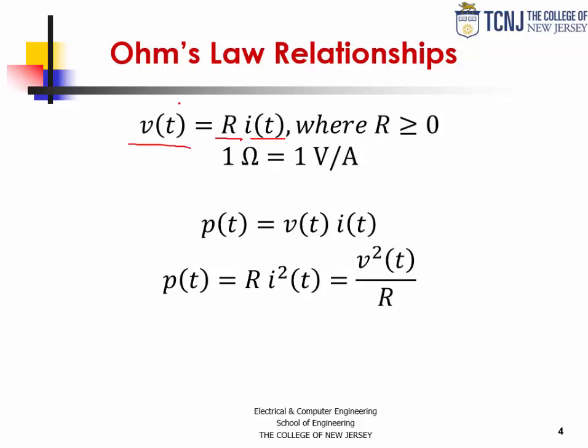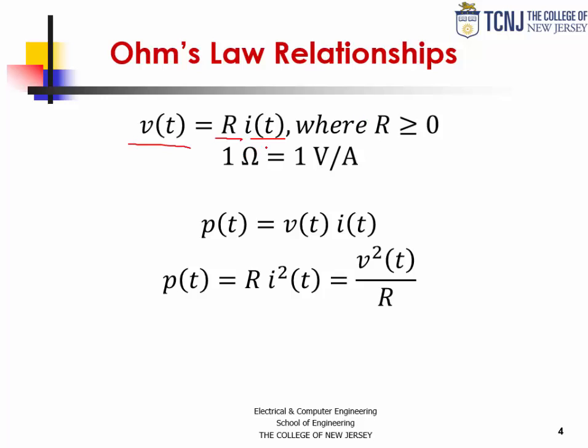So the relationship is that with a certain voltage applied to a resistor, I'm going to get a certain amount of current. And the voltage required to get a certain current through a given resistor is equal to the product of the resistance and the current. Of course, where the resistance is going to be non-zero and finite.